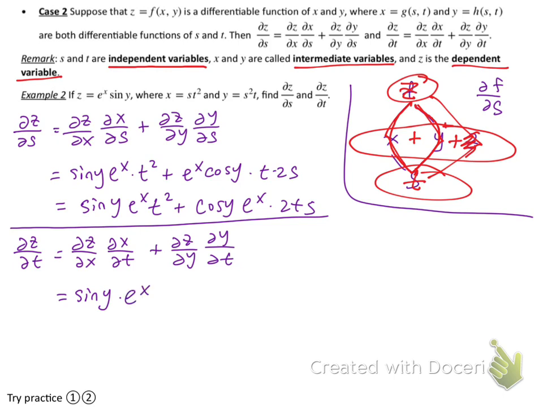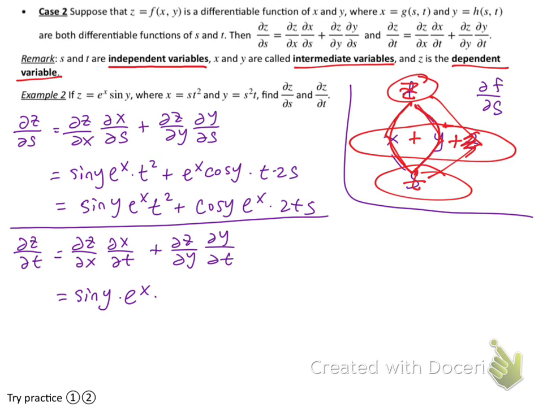Oh, by the way, when you are doing partial derivatives where you have two independent variables, notice that the first factors are the same, so you can just copy what you had up there. They're the same, times partial x partial t.